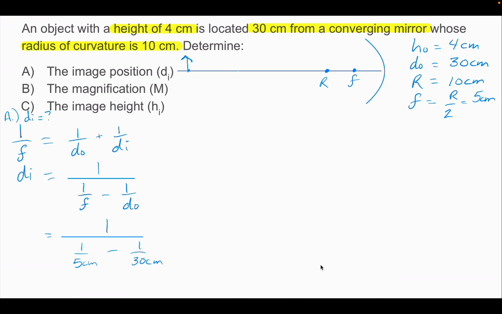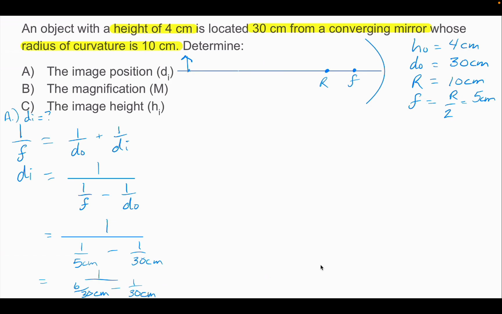I can't do this if they've got different denominators, so what I have to do is put them onto the same denominator. So this ends up being 1 over 6 over 30 centimeters minus 1 over 30 centimeters.